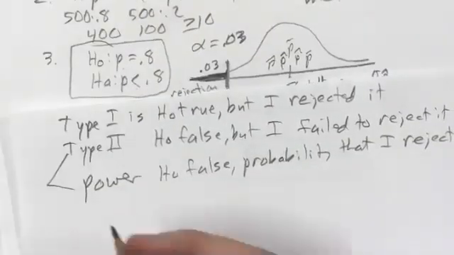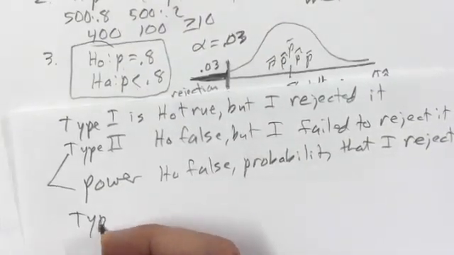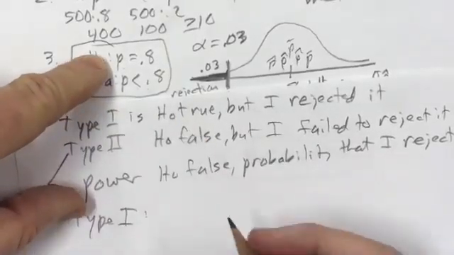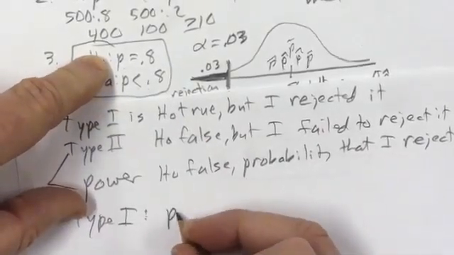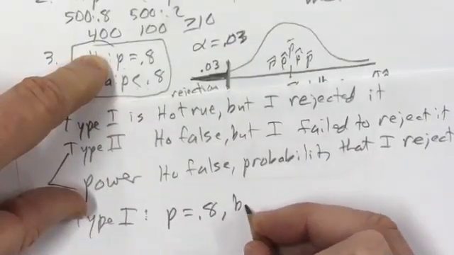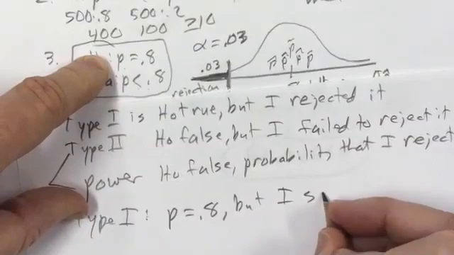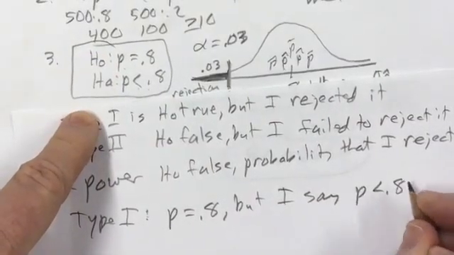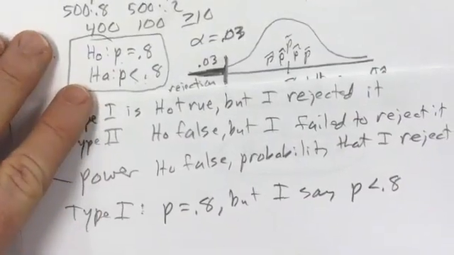So when we're asked to describe type 1 error, you say, well, the null is true. In other words, type 1 error means P really is equal to 0.8, but I say that it's not. I say P is less than 0.8. Now, what does that mean in context?